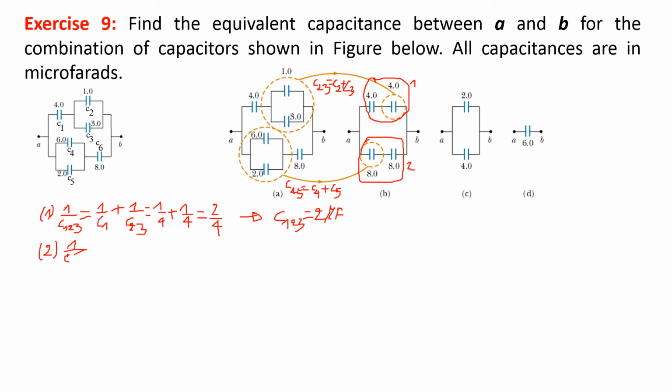The inverse of capacitance 4, 5, 6 is equal to 1 over capacitance 45 plus 1 over capacitance 6.